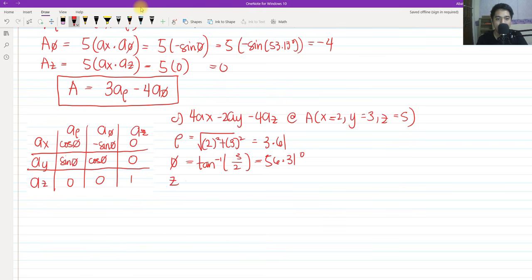And for z, that's equal to 5. So we now have the point A in cylindrical: rho equals 3.61, phi equals 56.31 degrees, and z equals 5.